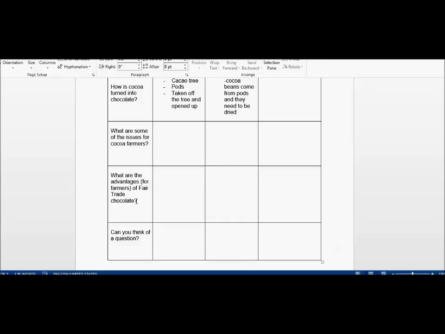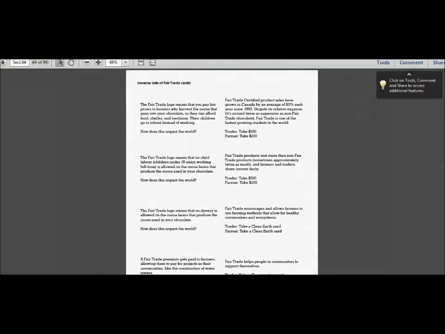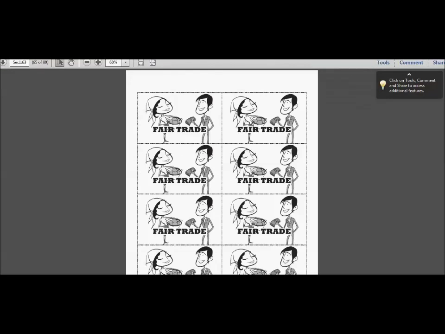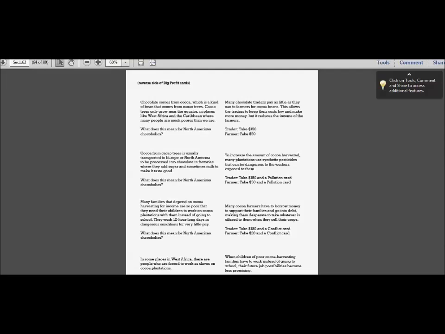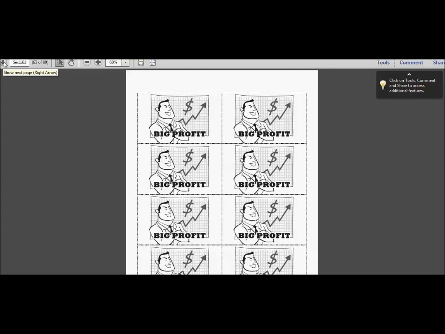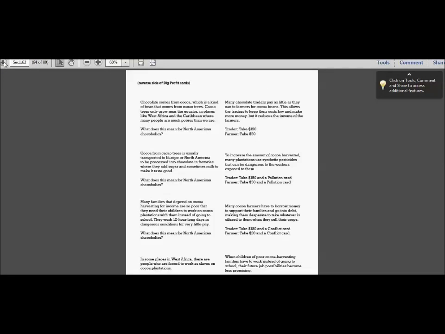So you can go back to the things that you learned when you were looking at the game. The fair trade cards had information on the back. They gave you information about the way things work with fair trade, and there was information on the back of the big profit cards that gave you details about how things work with non-fair trade.